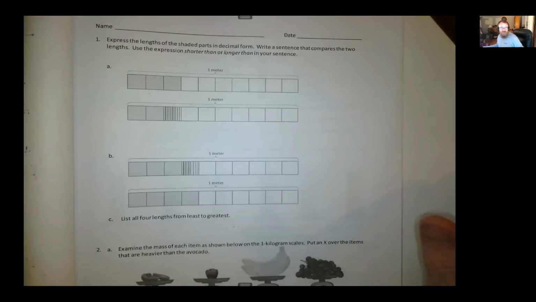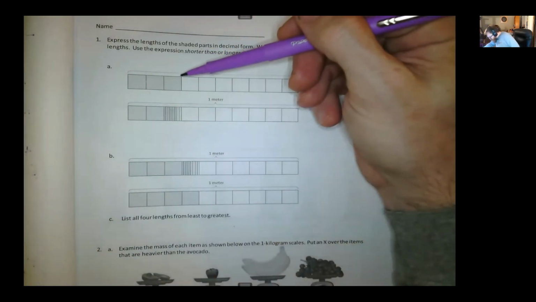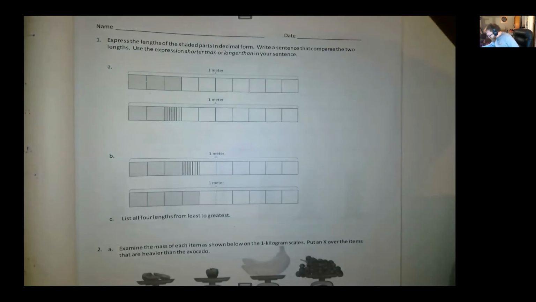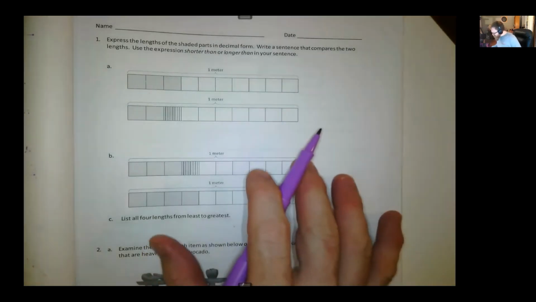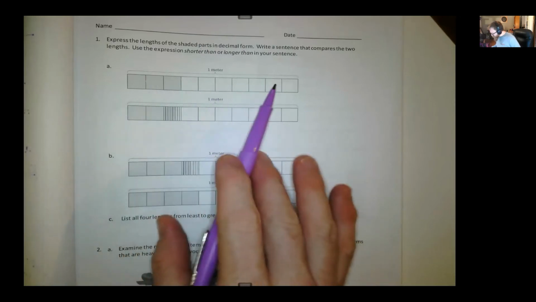You want to use the expression shorter than or longer than in your sentence. Okay, so let's look at part A. We have two different 1 meter tape diagrams with different amounts shaded. Let's write those amounts in decimal form. We know that when we have a meter separated like this tape diagram, it's divided into tenths of a meter.